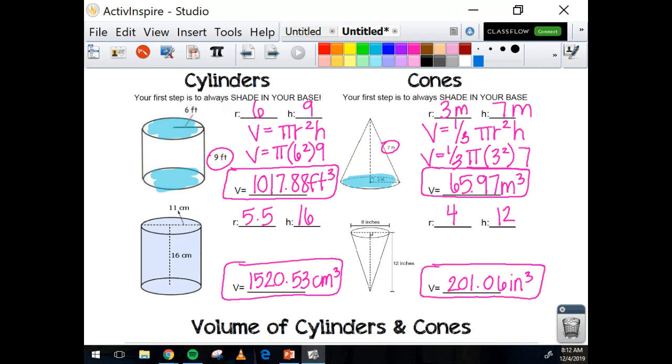So these are the answers you should have gotten for the bottom two questions. You also should have shaded your shape. You should have shown work just like we did on the top two. If you have questions, it's time to raise your hand and ask.